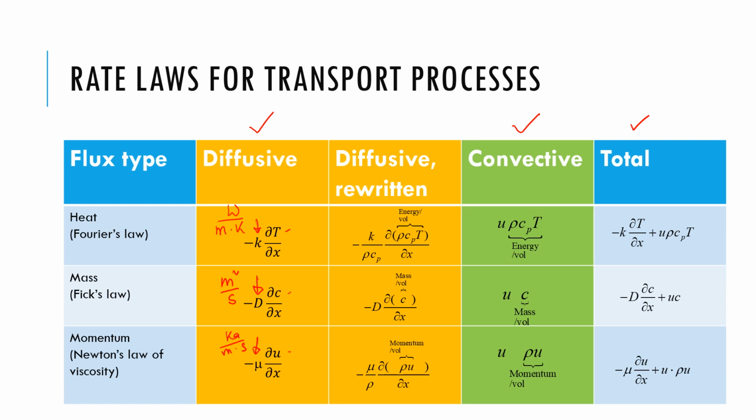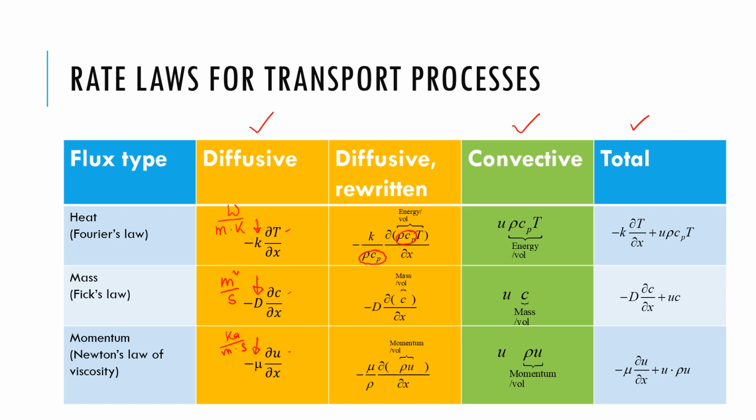We can actually make it a lot more analogous, and we can see the analogy very easily. All we have to do is, let's say, take the heat one and we divide by rho Cp and multiply by rho Cp.